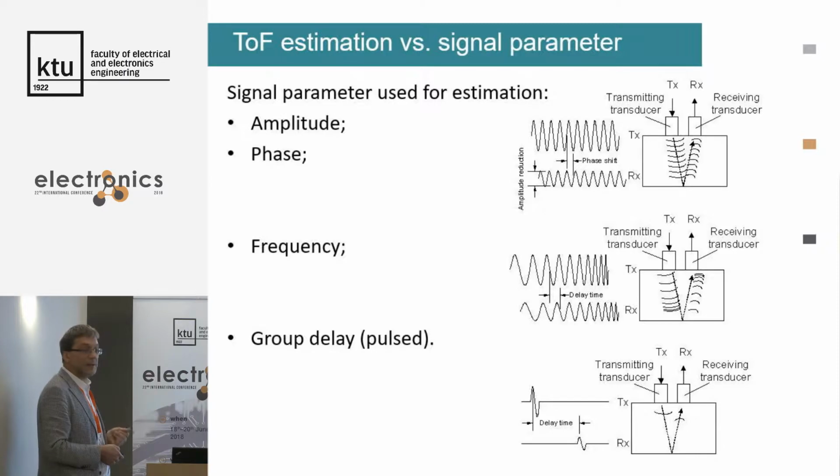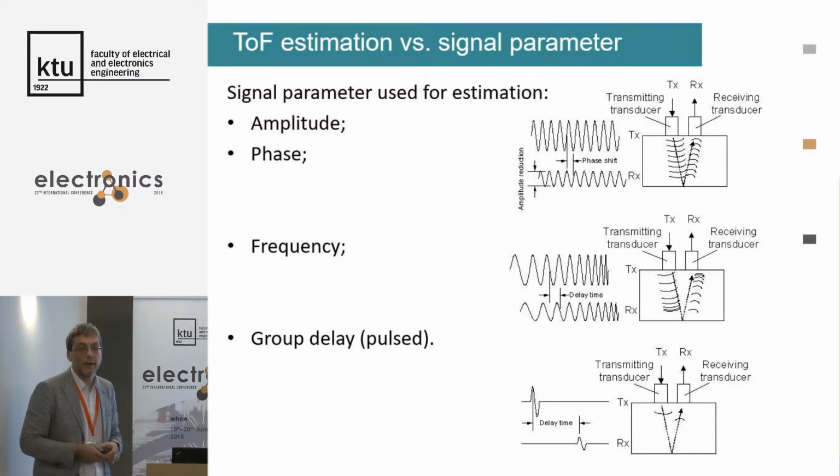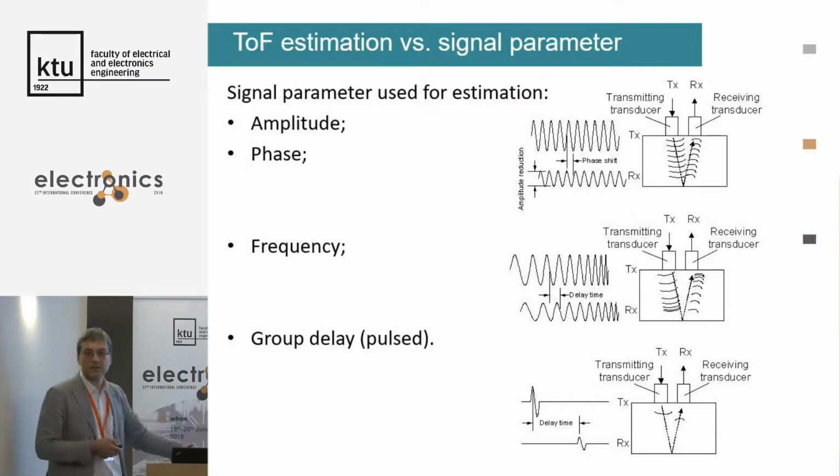And of course, the last one, which is the most popular nowadays, is group delay or the pulsed measurement technique, when you are not using a continuous wave signal, but a pulsed signal, a signal that is relatively short. At the very beginning, it was indeed a pulse signal, as you can see here. Usually it was really short, but with time, new signals have been implemented for the measurement. But basically, those are three techniques that can be used for time delay estimation.